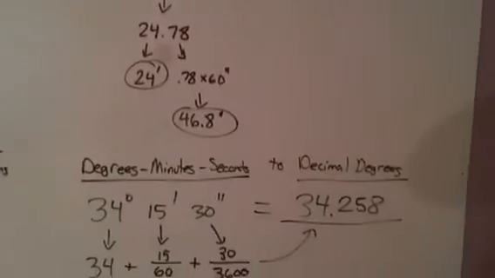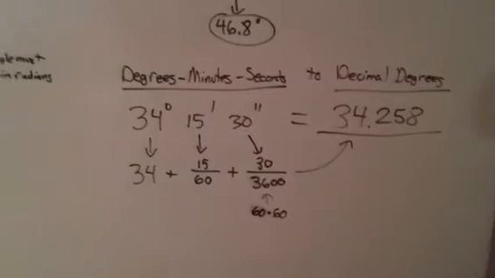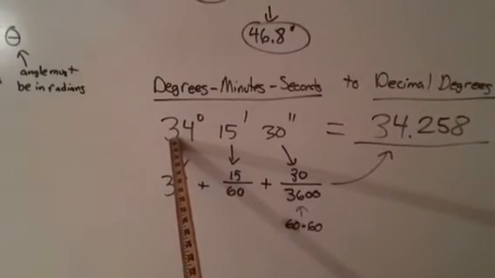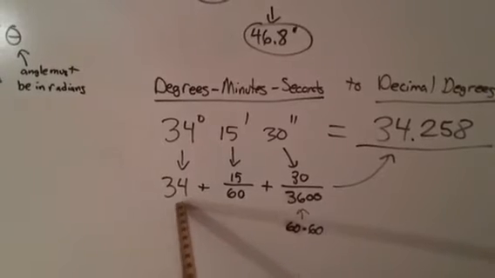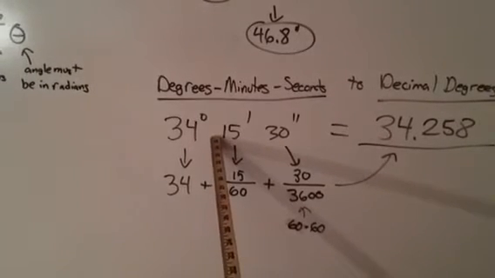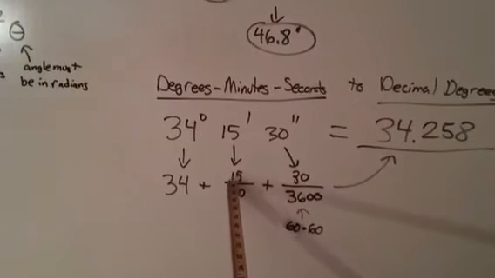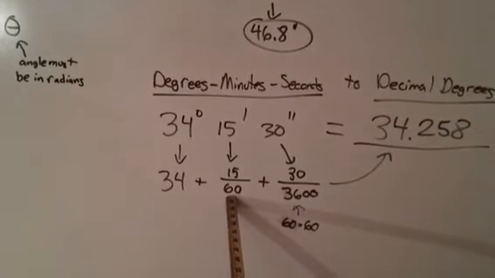To convert from degrees, minutes, and seconds to decimal degrees, 34 degrees. Then we're going to add on that there are 15 minutes in 1 degree, which is 15 out of 60.